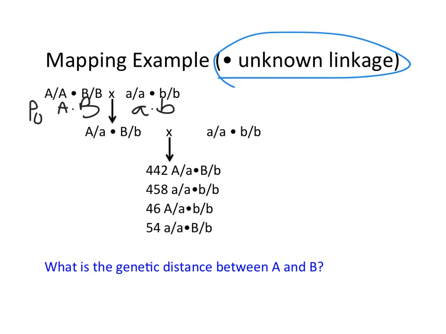If we have no punctuation, they're on the same chromosome. If there's a semicolon, we know they're on different chromosomes. So we have to have a third option for we don't know yet. That's this dot. So those are the parental types, which means the recombinant types are going to be big A with little b and little a with big B.